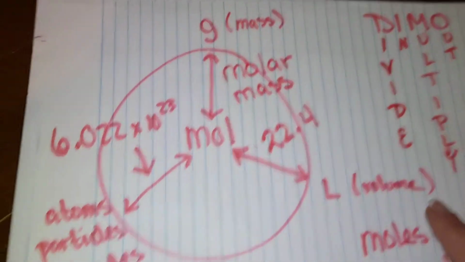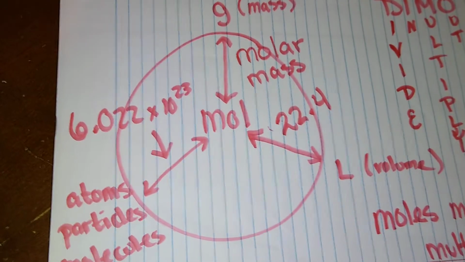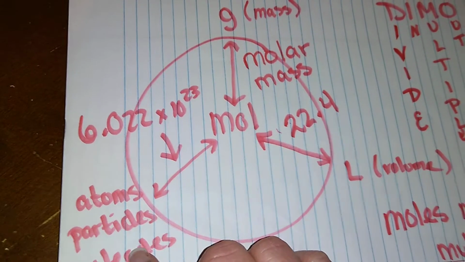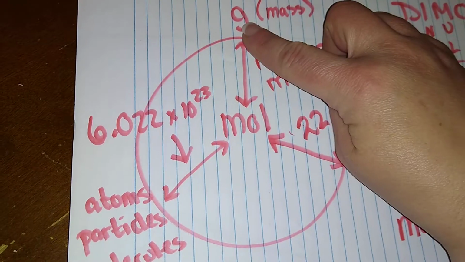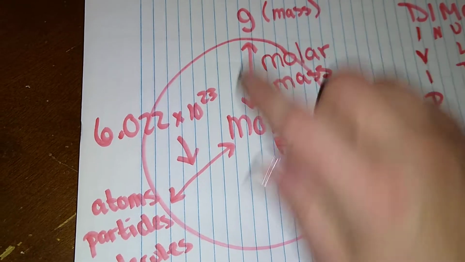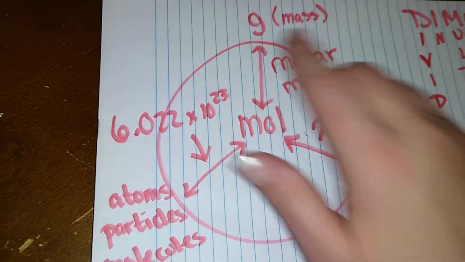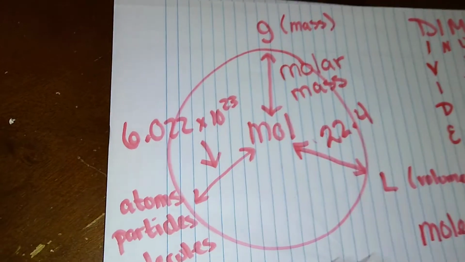So the first thing you need to do is figure out on your circle where you are starting. You're starting over here in atoms and particles, and you want to be in grams. So we have to go through two different types of calculations to get there.